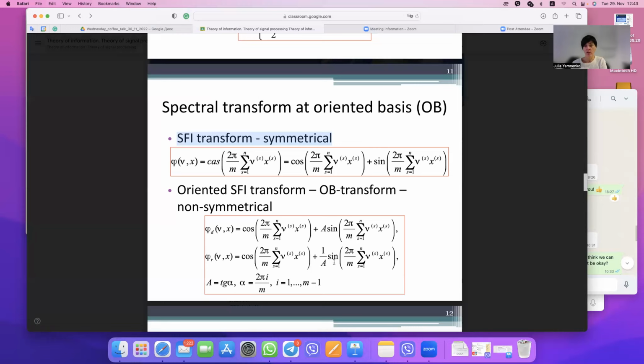Thus our transform is now called the OB transform. OB means oriented basis. The transform at oriented basis, or shortly the OB transform, is non-symmetrical, so it has a special formula for the direct basic function and for the reverse basic function.